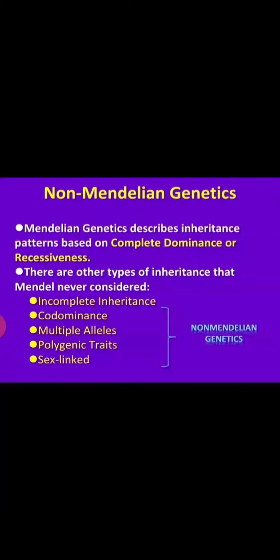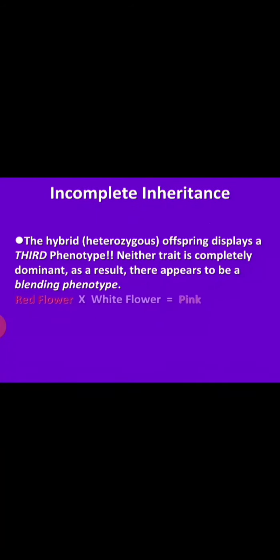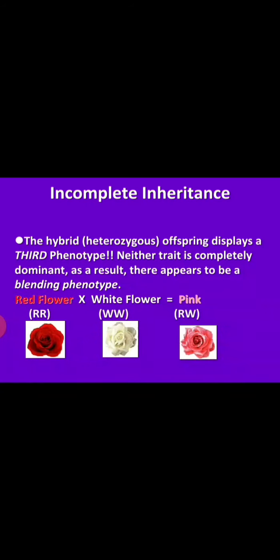Non-Mendelian genetics. Mendelian genetics describes the pattern of inheritance based on complete dominance or recessiveness. There are other types of inheritance that Mendel never considered: incomplete dominance, codominance, multiple alleles, polygenic traits, and sex-linked inheritance. Incomplete dominance: when a red flower plant is crossed with a white flower plant, the F1 hybrids would be expected to appear red.